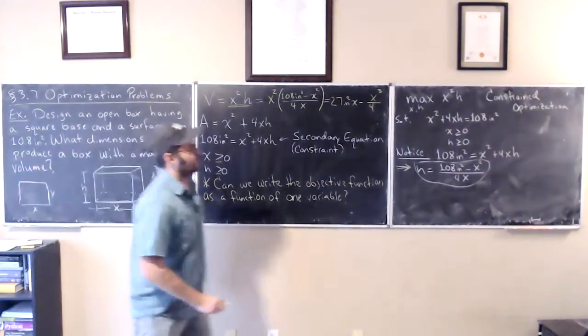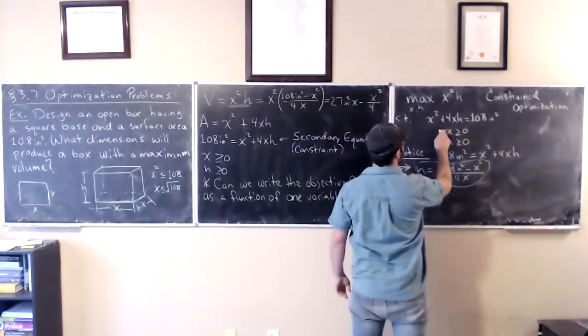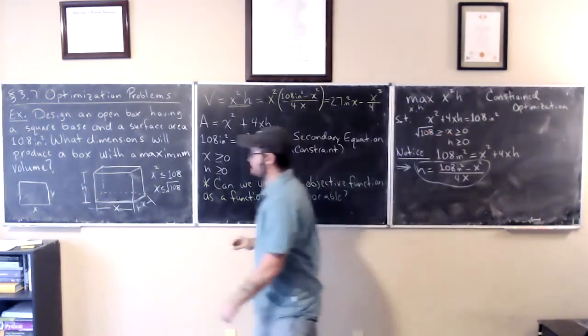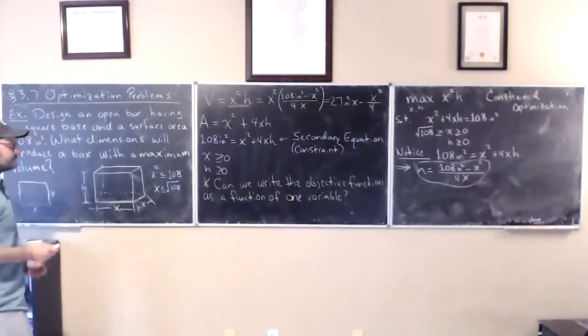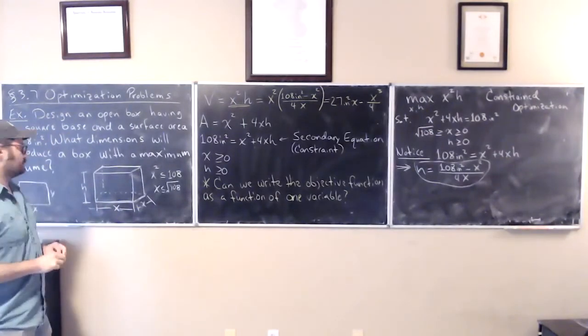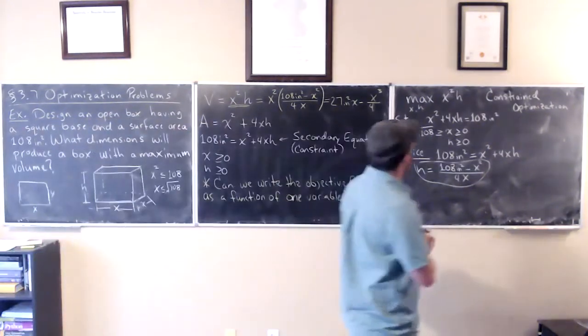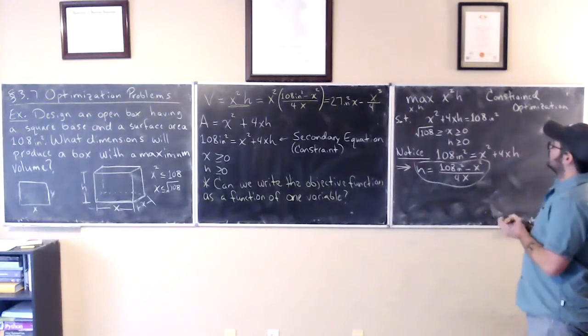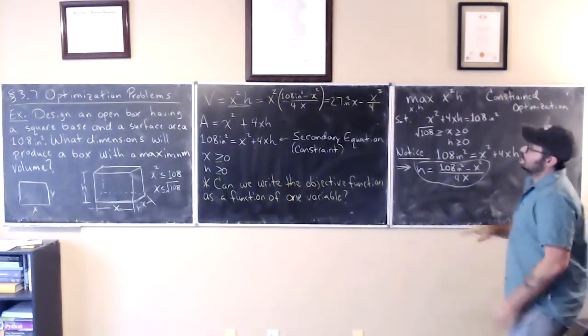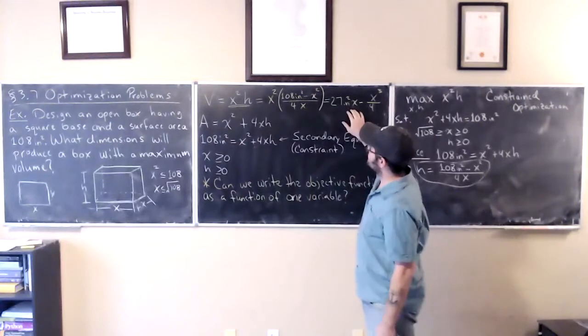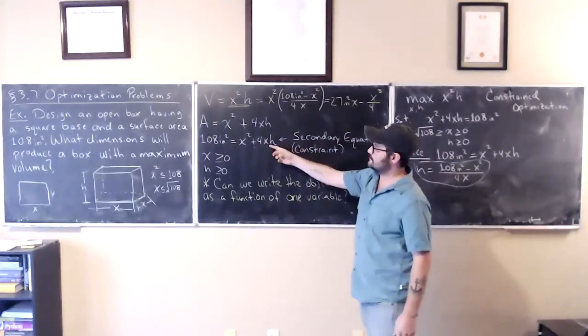So in my formulation over here, now that I've written it this way, writing the objective function in terms of x happens because of the constraint here.